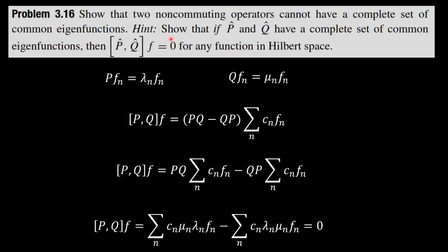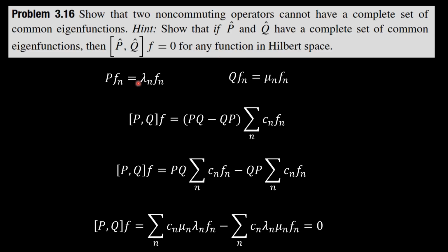The hint is that if the operators P and Q have a complete set of common eigenfunctions, then the commutator of P with Q, acting on some arbitrary function f, must be equal to 0 for any function in Hilbert space.